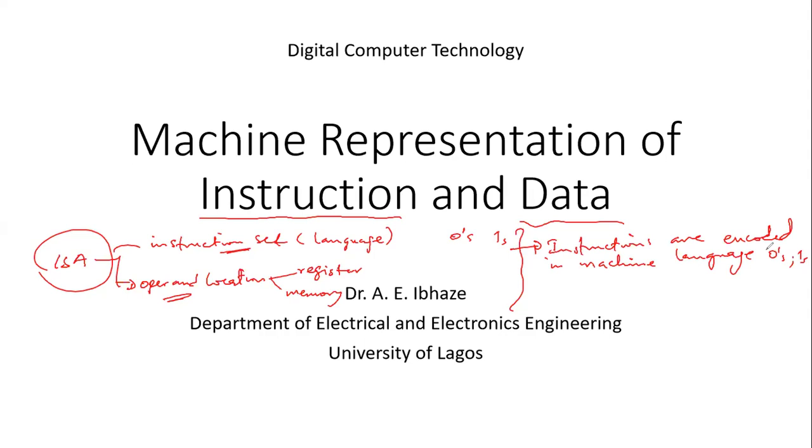And the programmer, which you are right now, will therefore represent instructions in some symbolic format called the assembly language, right? And microprocessors are digital systems, as you already know, that can actually read and execute the machine language instructions.